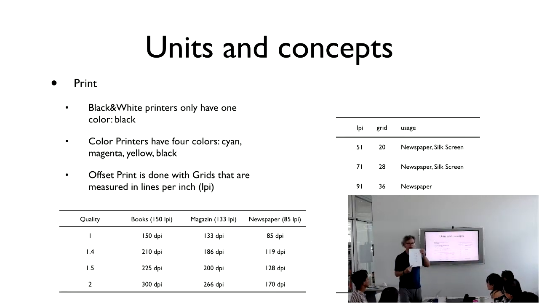But the more interesting question is, A5. What size is this? It's 210 by 148.5. Now let's make this a bit more interesting: try to make it square.